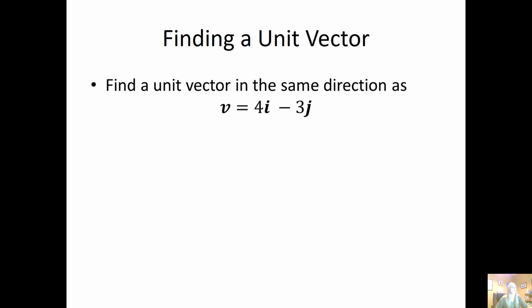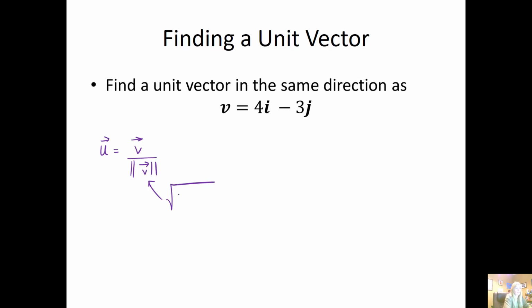So let's say we want to find the unit vector of this vector v. Once again, the unit vector is the vector v, which we have, over the magnitude. So we need to first find the magnitude. You remember how?